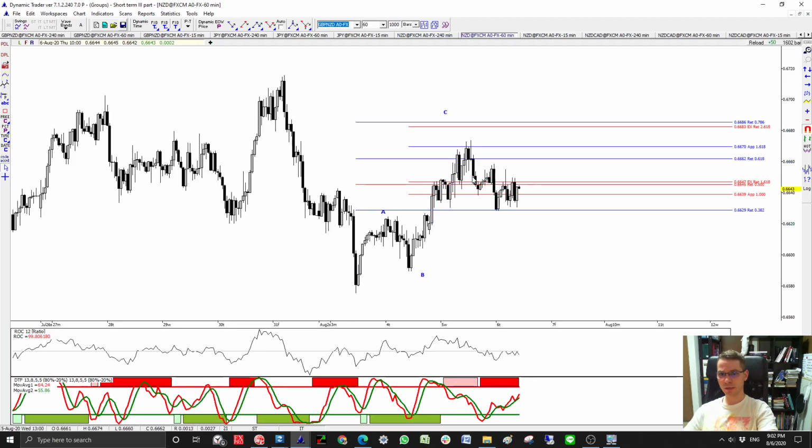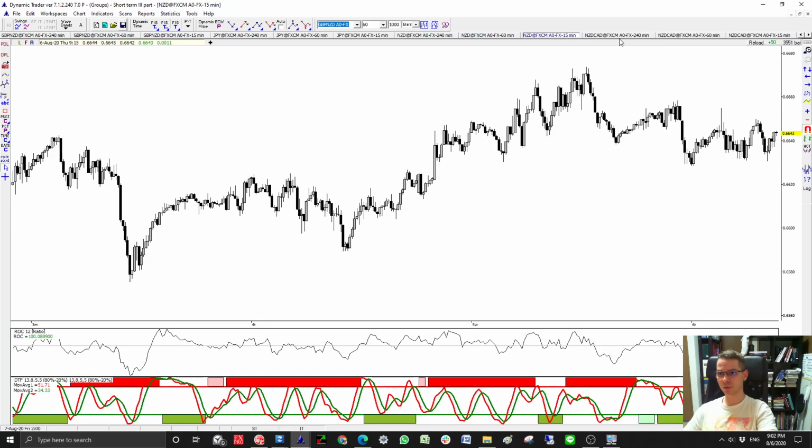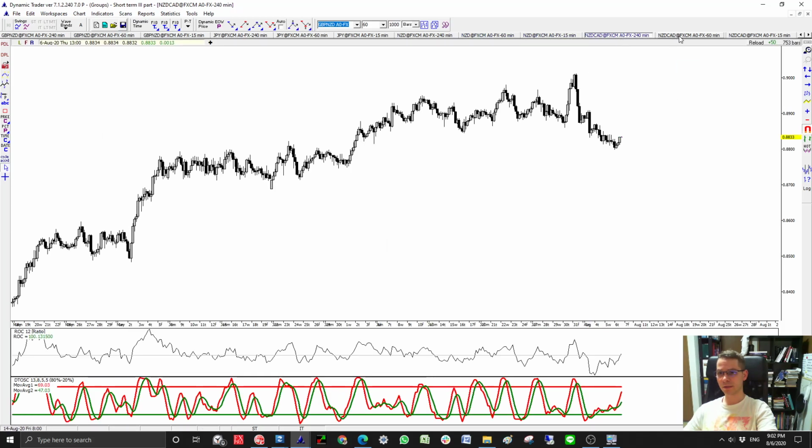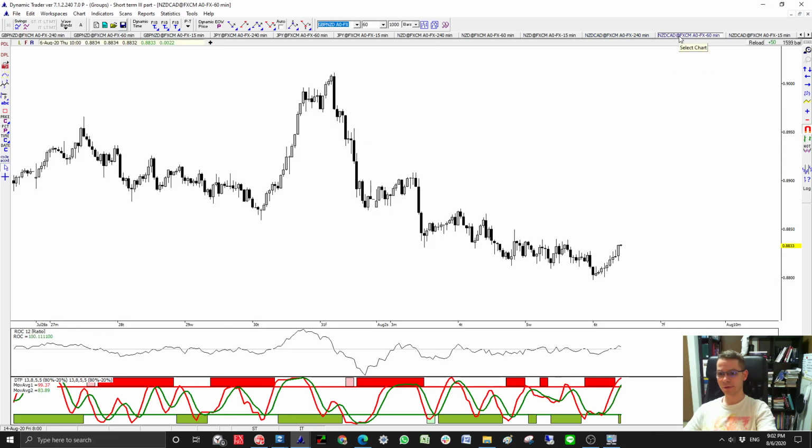So New Zealand had a correction here, but in a very, I would say, difficult area. I was looking for it to go higher here, or bounce back from this level. I like to see the Fibonacci levels really close together, building up as either a support or a resistance area.